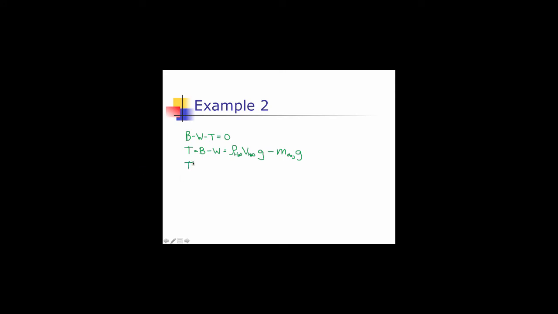Now, furthermore, we can rewrite the mass of the object as the density of the object, which is wood, times the volume times the acceleration due to gravity. That's for the wood, or the object.